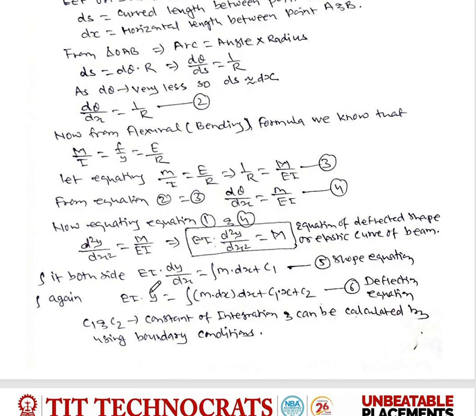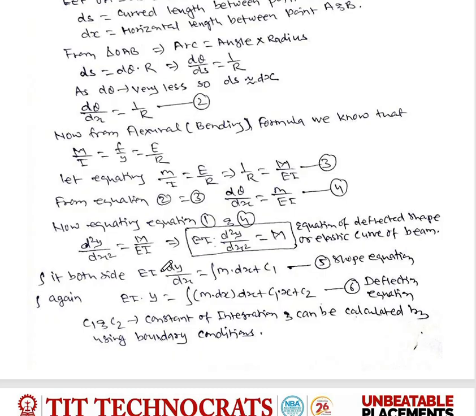Here y is the deflection, and c1 and c2 are the constants of integration, and we can find out the values of these constants by using boundary conditions. So by these two equations we can calculate the slope and deflection.